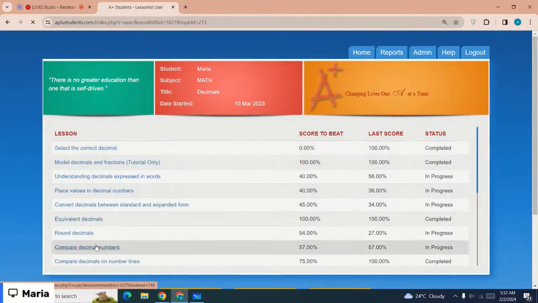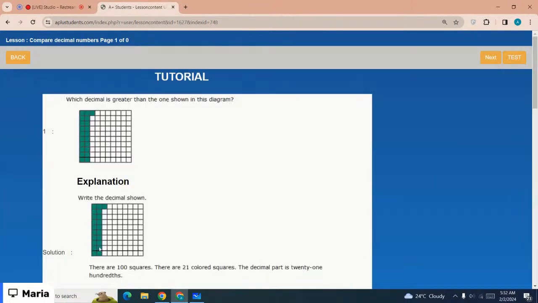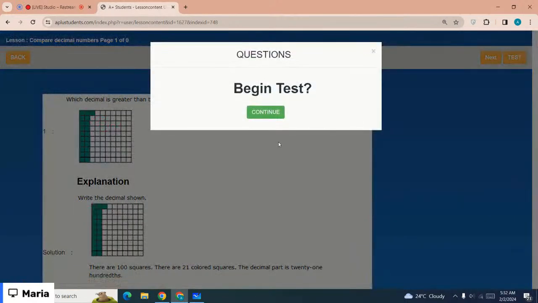Let's just start with the next lesson. Now we have to compare the decimals, right? Let's just start with the test questions.